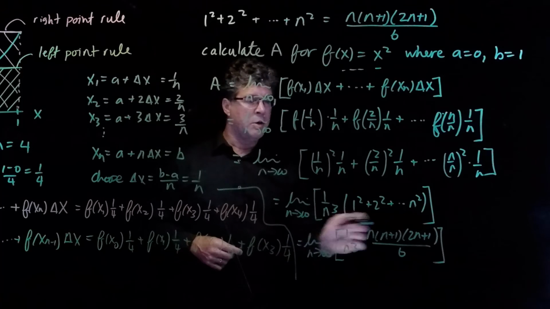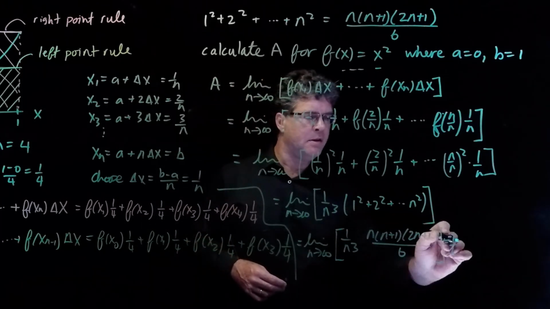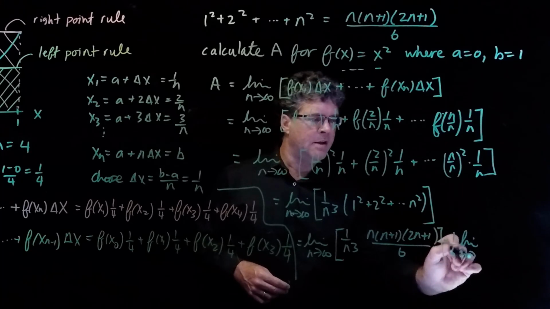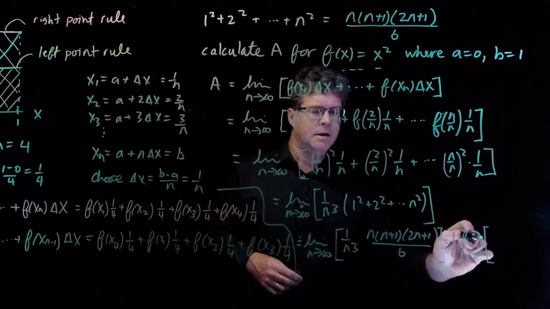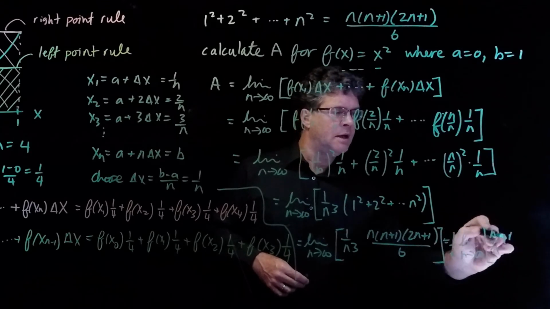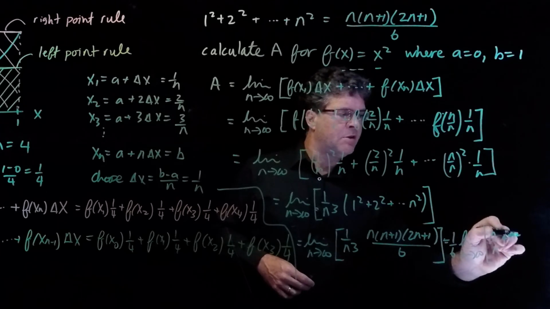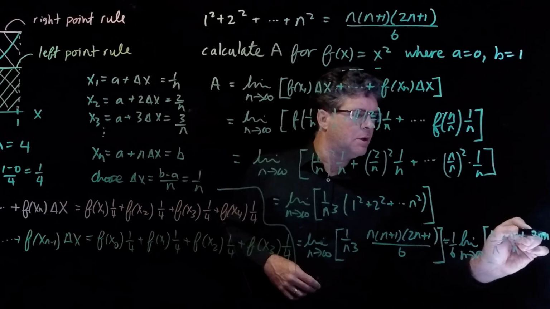We can pull out the 1/6 if we want to. So this is 1/6 times the limit as n goes to infinity, and we can write this as n over n times n plus 1 over n times 2n plus 1 over n.